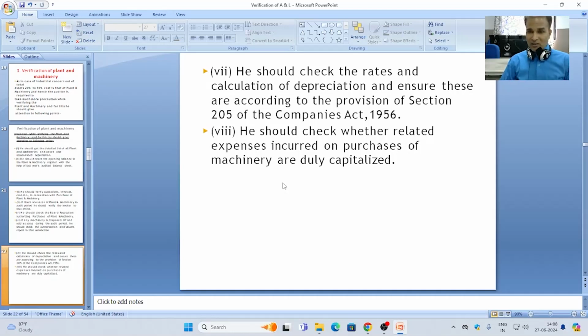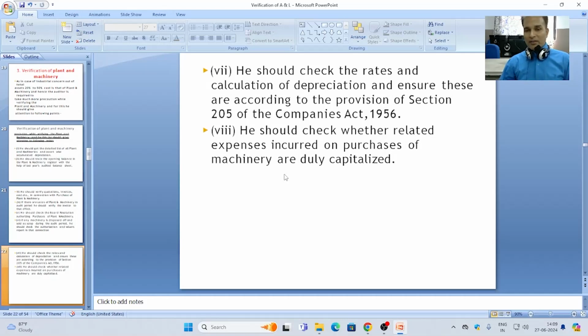The auditor should check whether related expenses incurred on the purchase of machinery are duly capitalized. Generally, we find that due to the lack of knowledge of principles of accounting, many times the accountant treats as revenue expenses the expenses incurred on the purchase of machinery, but principally all the expenses related to the purchase of machinery should be capitalized properly.